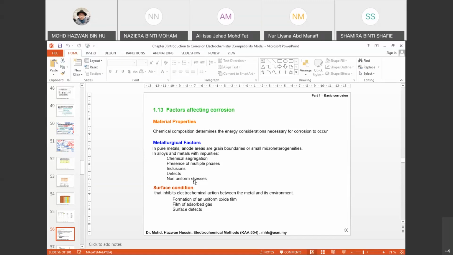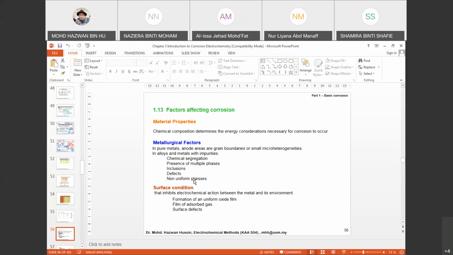Other than that, it will be the surface condition, because if the surface is not homogenized, it has a scratch, or it has a formation of oxide film, a passive layer, then this can actually slow down the corrosion process. The surface condition that inhibits electrochemical reaction of metal with environment is basically due to the formation of uniform oxide film.